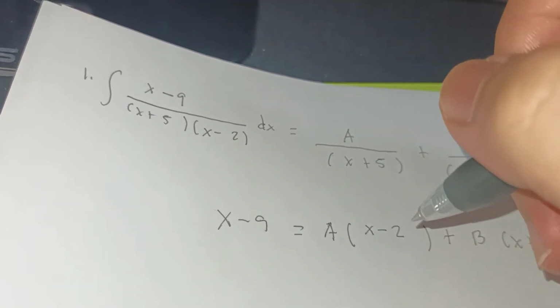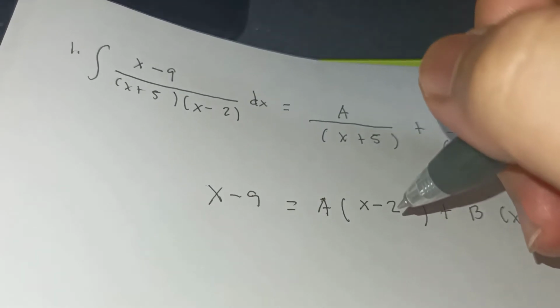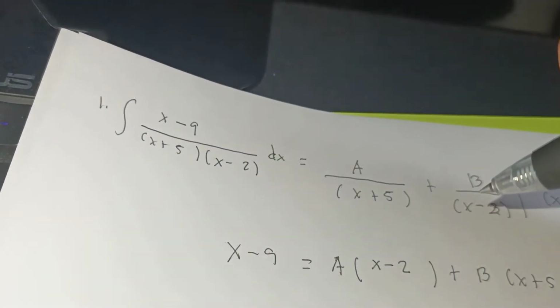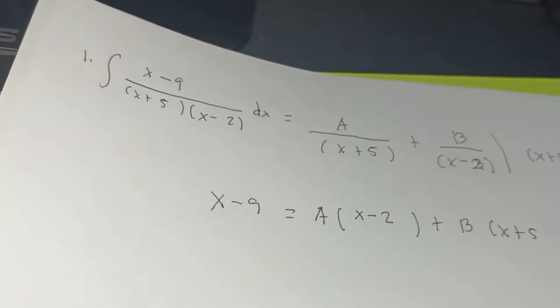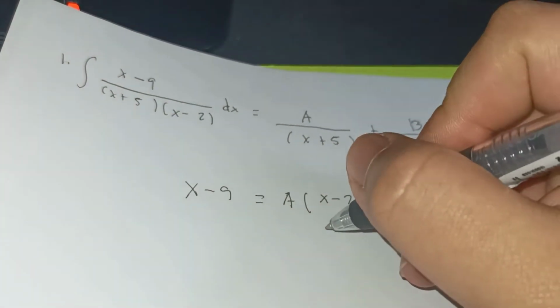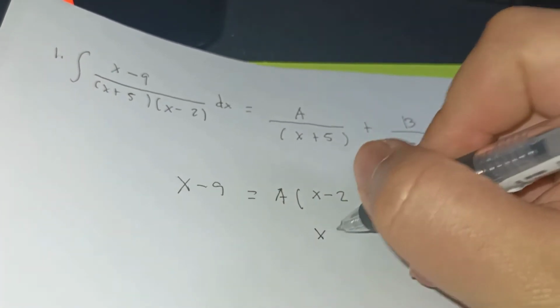So we will solve for A, which is negative 2. Wait for a second. It's negative 2, so we're just going to convert it to positive. Let x be equal to positive 2.